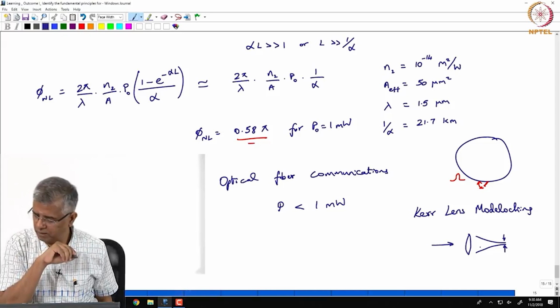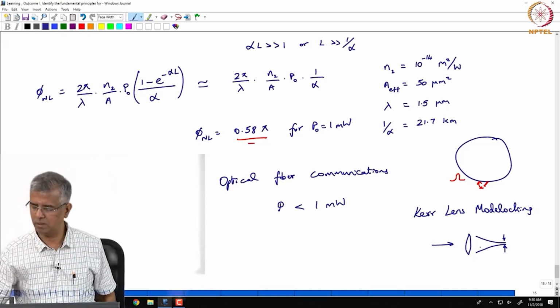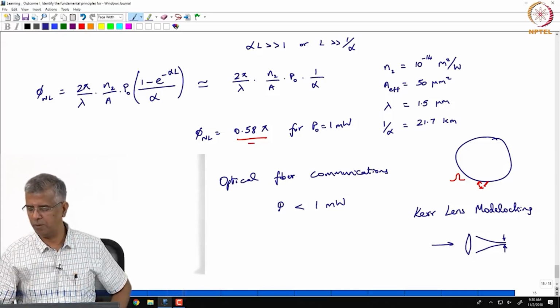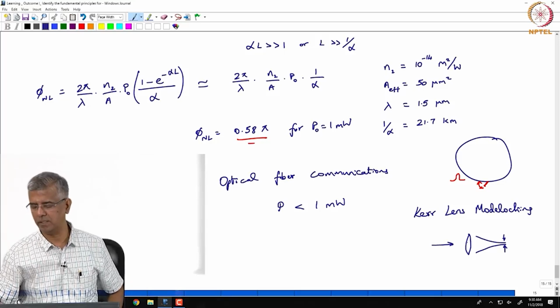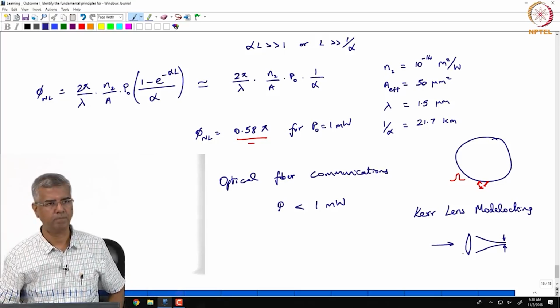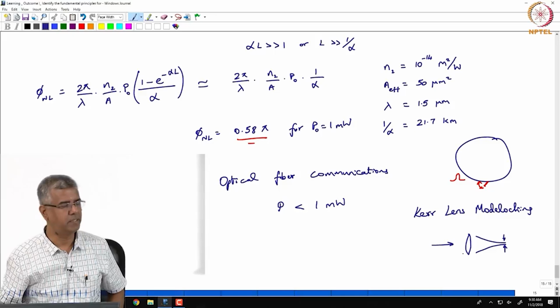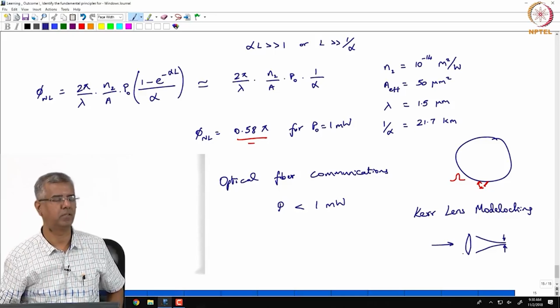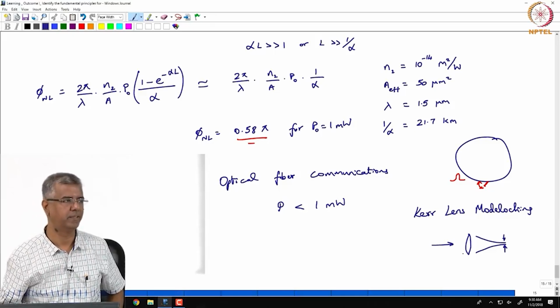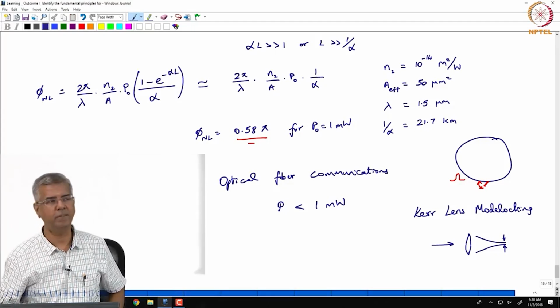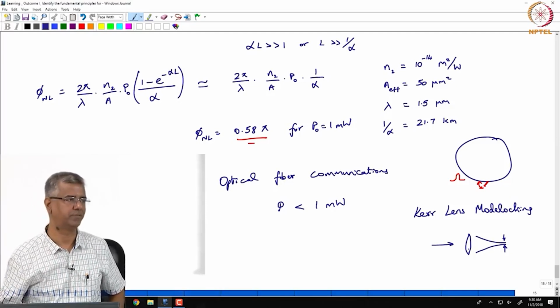Now, if the intensity of light incident on that medium is very high, the refractive index that it actually exhibits is different, right?